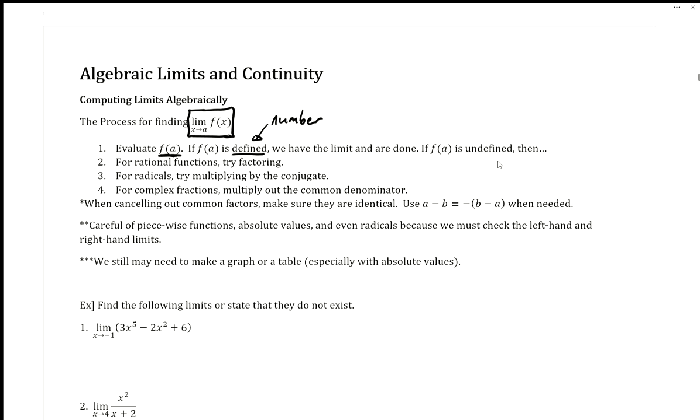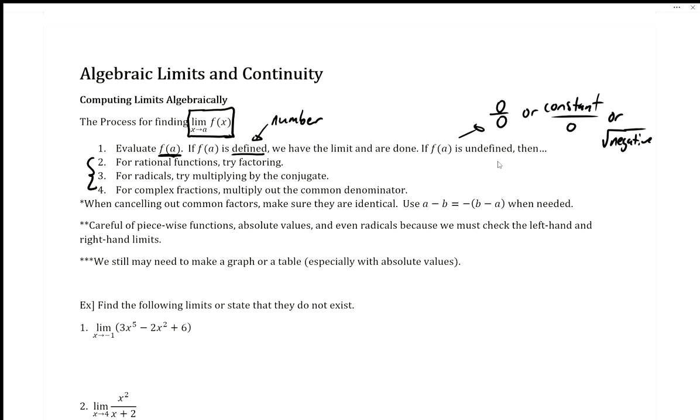If it's undefined, so if we get something like 0 over 0 or a constant over 0, or an imaginary number, like a square root with a negative in it, then we proceed with these 3 steps.